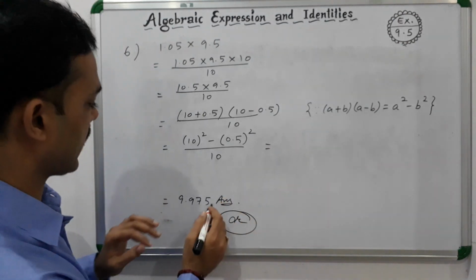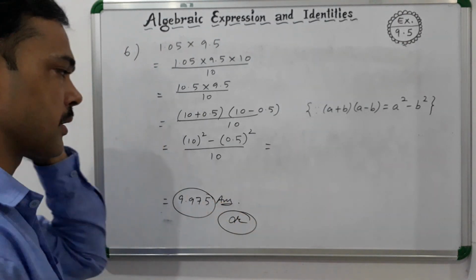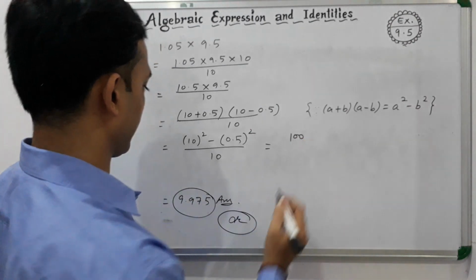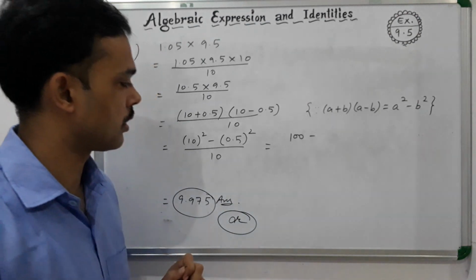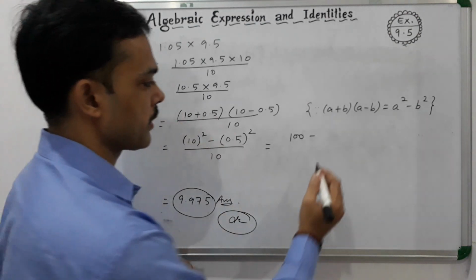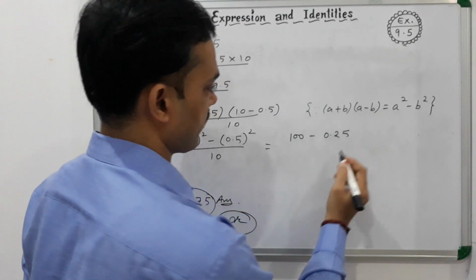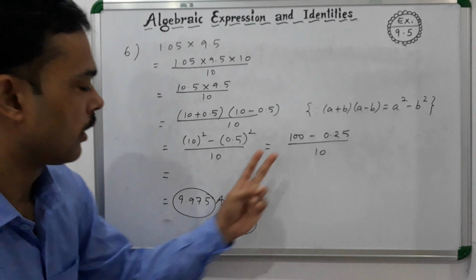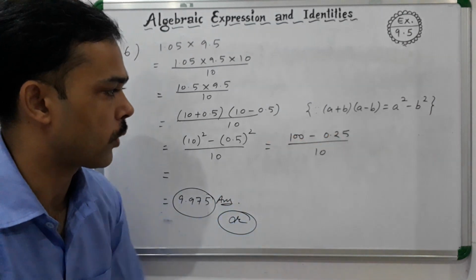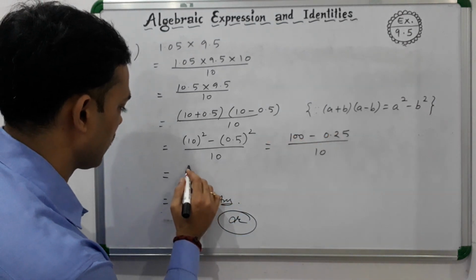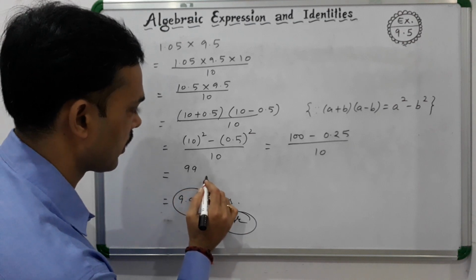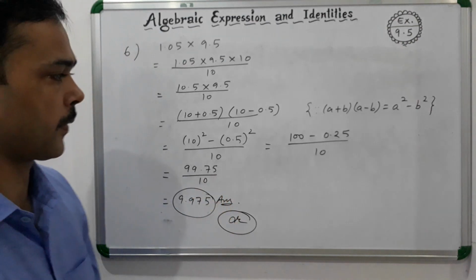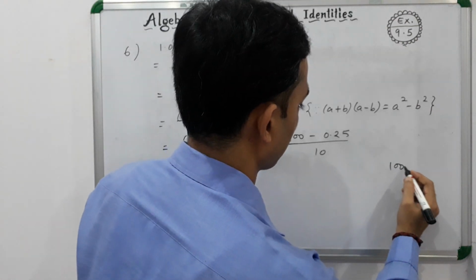I am not erasing so that I can show you that in both cases you get the same answer. 10 square means 100, minus 0.5 whole square means 0.25, upon 10. Then 100 minus 0.25 will be 99.75 by 10.